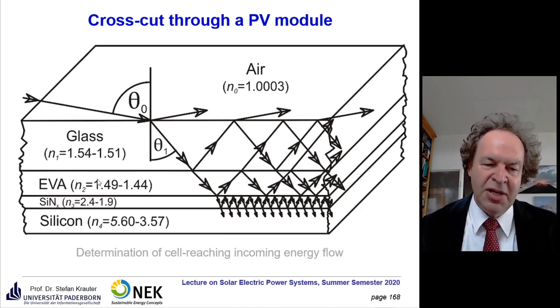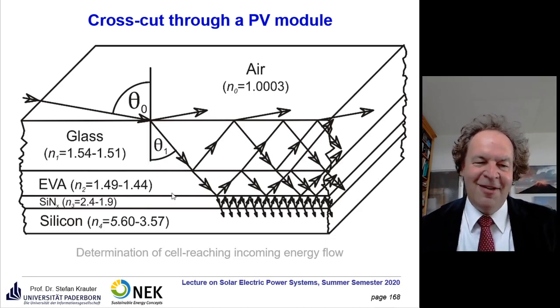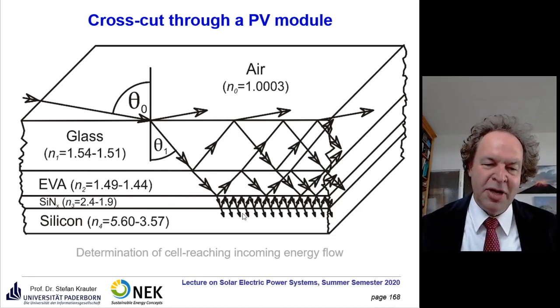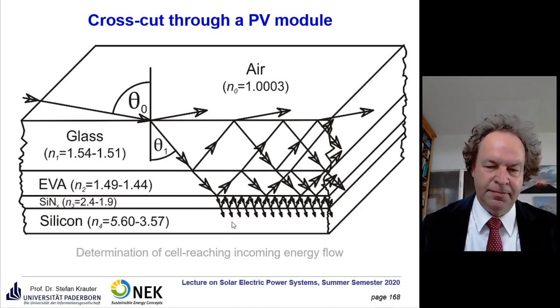Some typical values are given here. There are also spectral effects of the optical densities here, so we calculated for every wavelength separately in order to get a very accurate representation of the cell-reaching energy flow.